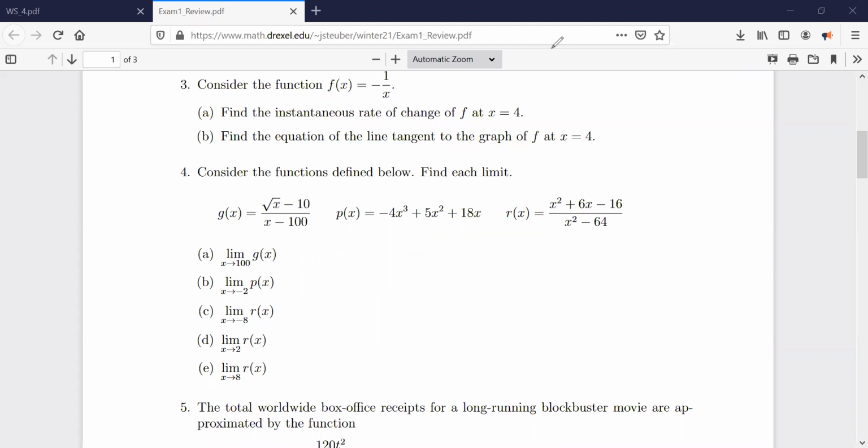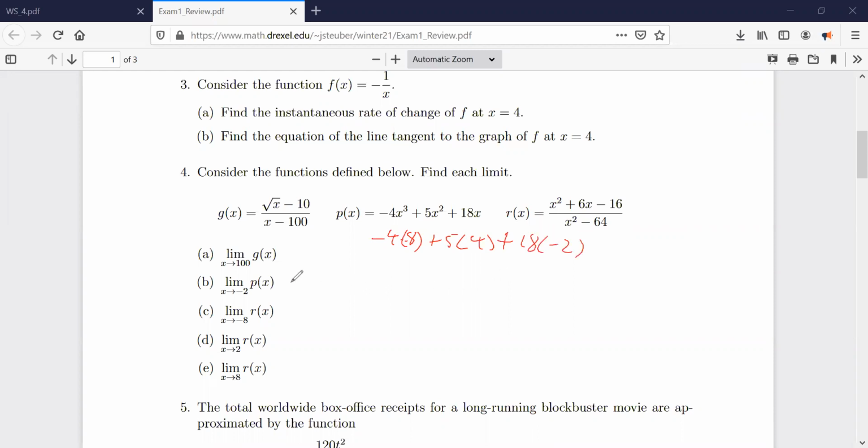So the next one, the limit is a polynomial. Polynomials are continuous everywhere. Therefore, if you just plug in the value, you'll get the limit. So if I plug in for p of x, I'd get -4 times -8 plus 5 times 4, right? -2 squared is +4, plus 18 times -2.